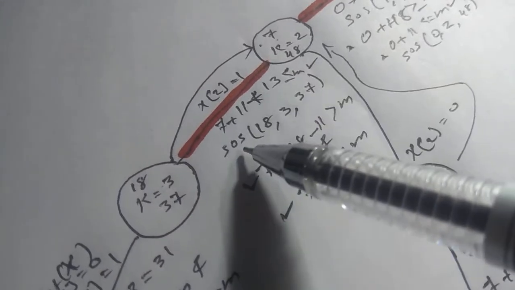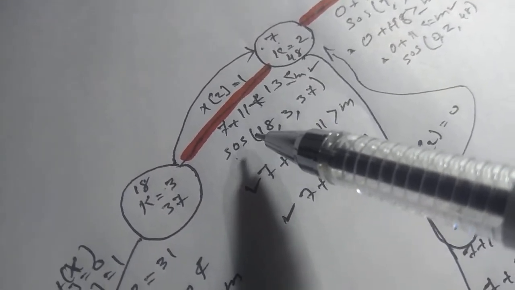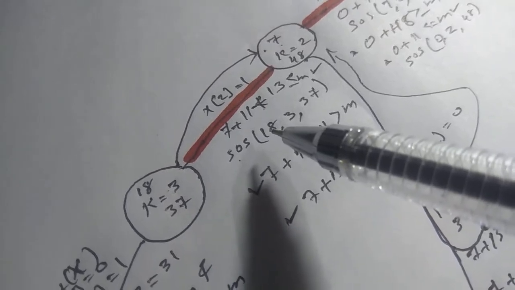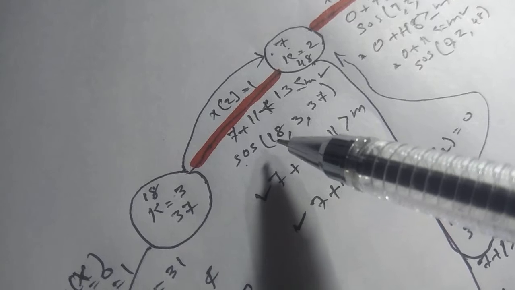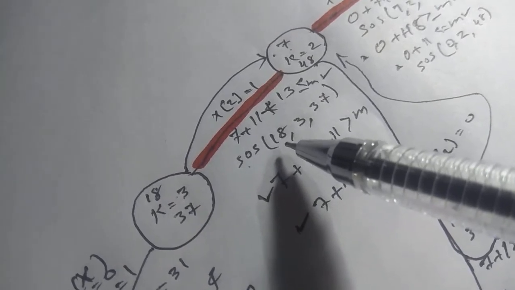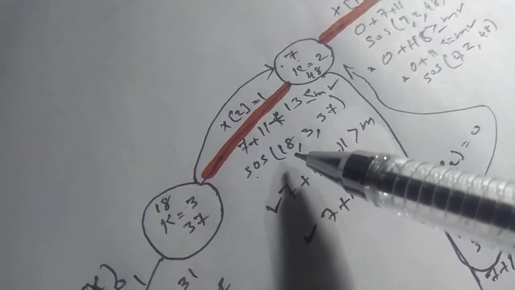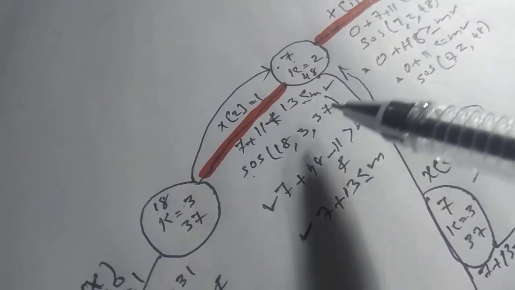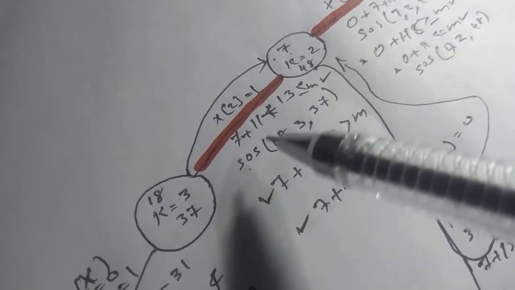So it is invoking sum of subset, s plus wk, comma, k plus 1, comma, r minus wk. Okay, so sum is 7, k is 2.